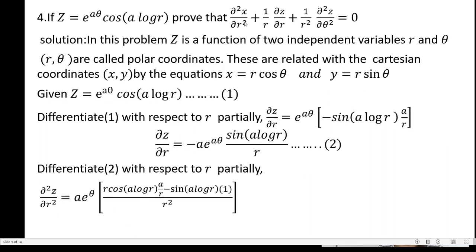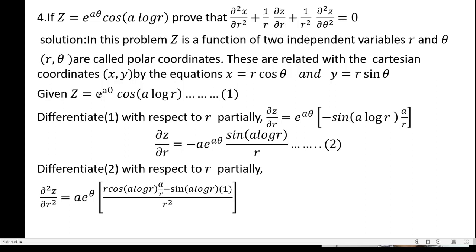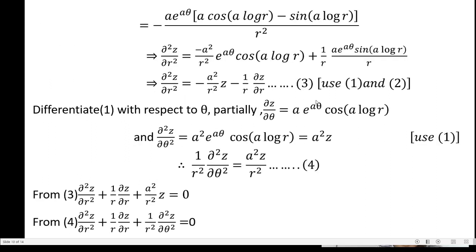We have to prove here the ∂²z/∂θ² term. We require ∂z/∂θ, that is, differentiate the equation with respect to θ. What we have, a into e^(aθ) into cos(a log r). Since θ is here only, e^(aθ) into a we got, and the rest is the same. Next, differentiate with respect to θ once again.